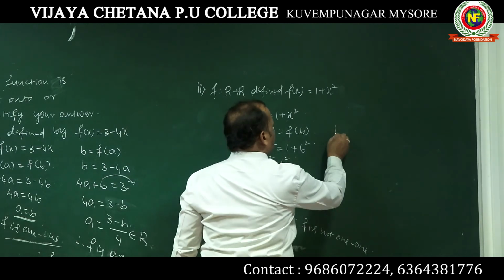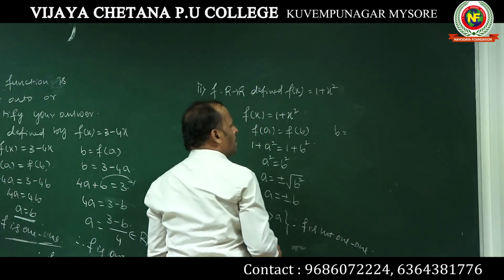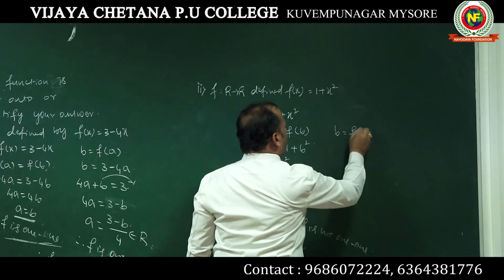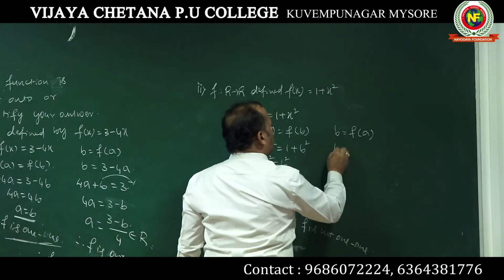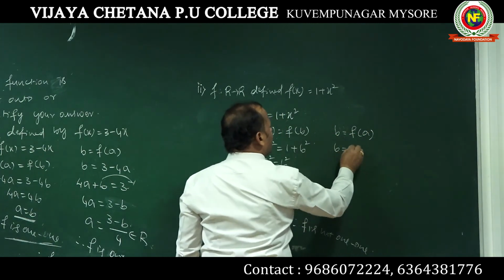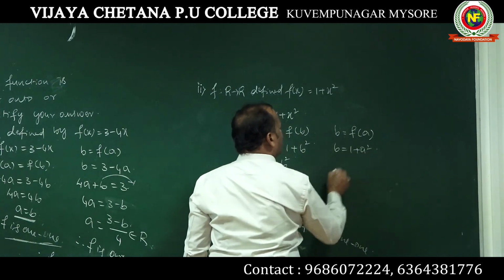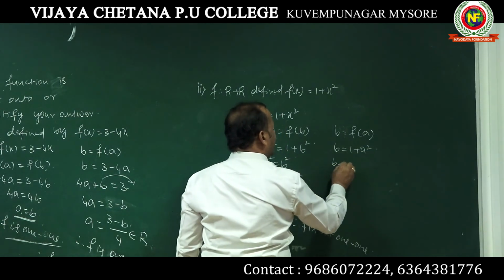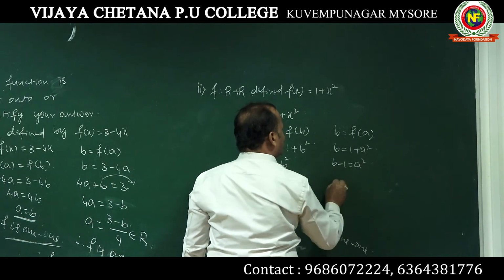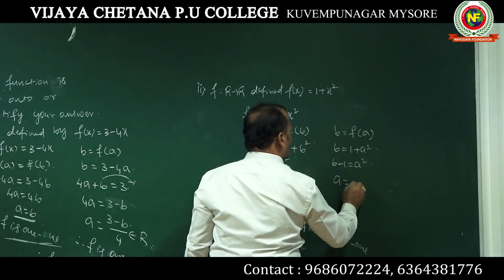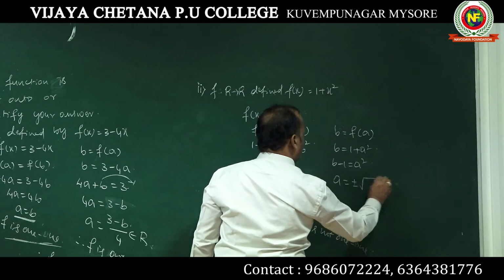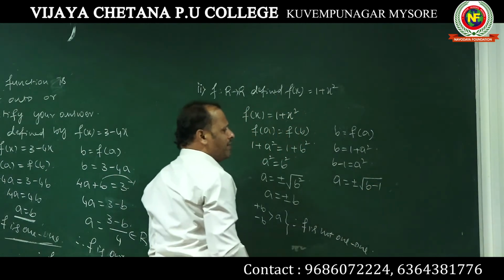Now here b is equal to f of a, b equals 1 plus a square. Now here b minus 1 is equal to a square. a is equal to plus or minus root of b minus 1.